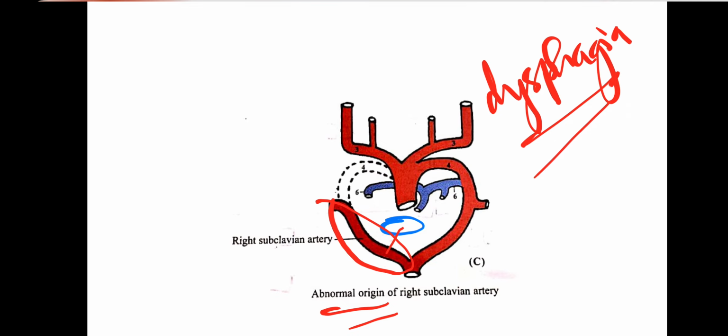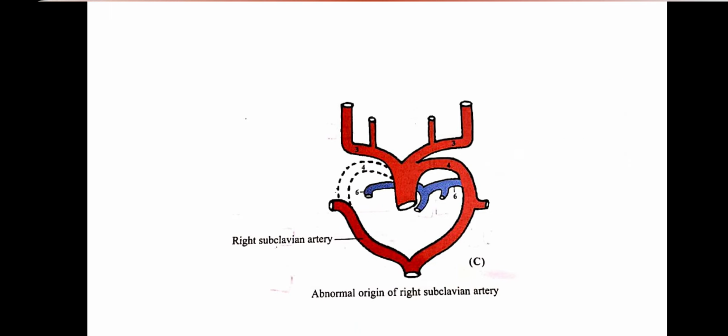It has a specific name. Please comment in the comment section about the dysphagia in the abnormal right subclavian artery. Even if there is an abnormal right subclavian artery, the pharynx will not be fully compressed, because it has some gap left behind here.